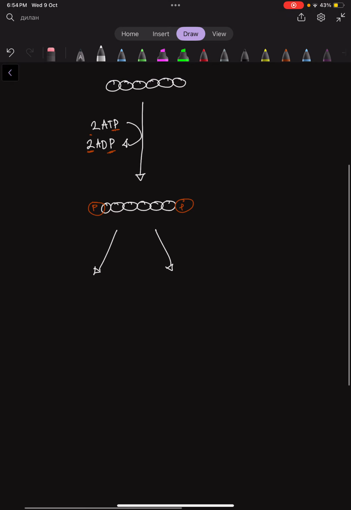So lysis. Okay, we've got 1, 2, 3, and a P on the end, and 1, 2, 3, and a P on the end. So we can just see how that has literally split right here.